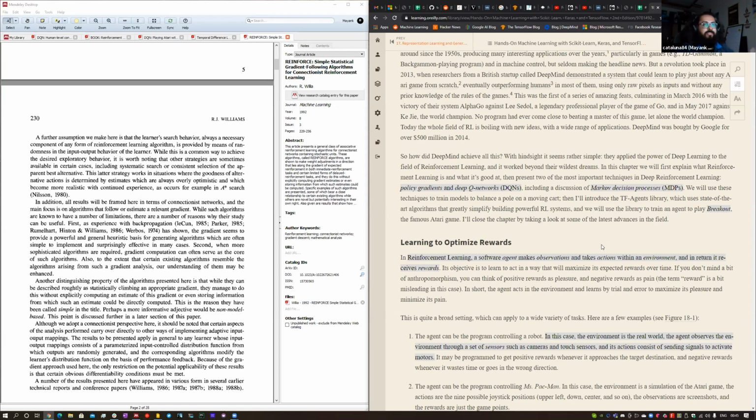I do it, so I have a few variations of MDPs I try to play around with. Then they have introduced the TF-Agents library, which is related to TensorFlow.